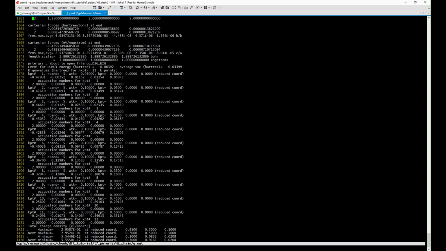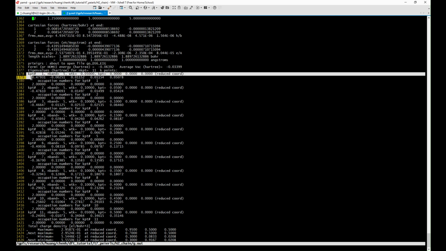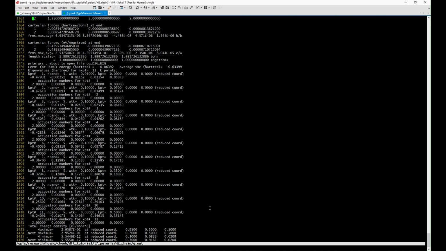The weight for this k point is 0.1. You have 5 bands for this k point as well. The fractional coordinates for this k point is 0.0500. And the eigenvalues for these 5 bands at this k point are this number, this one, and this one. So those are the eigenvalues I'm going to extract into my table for making the band structure plots.